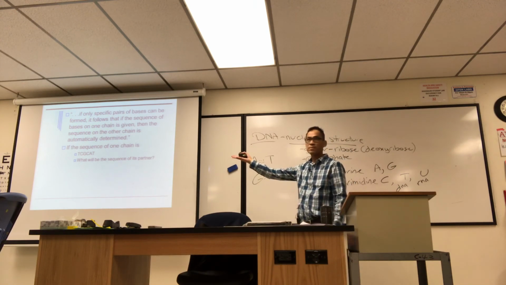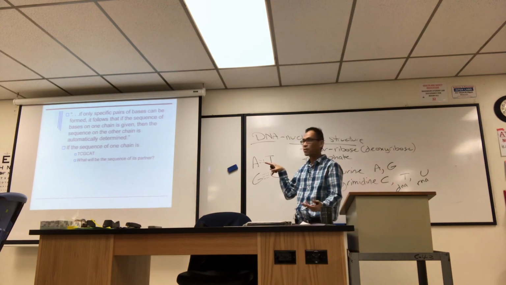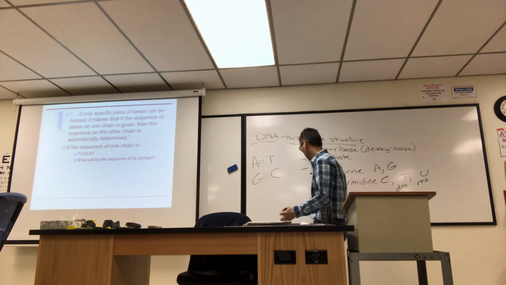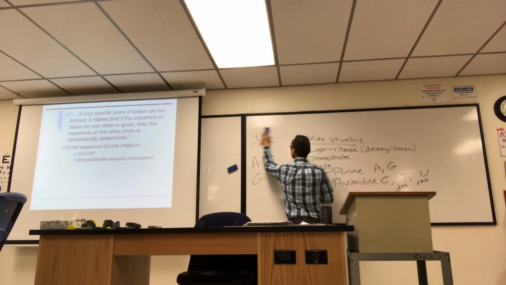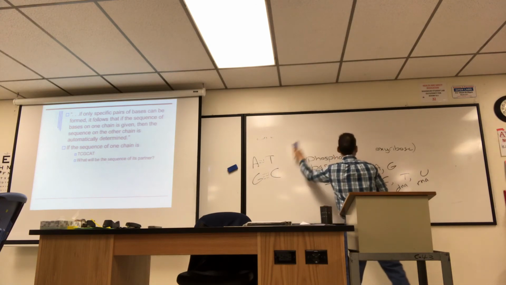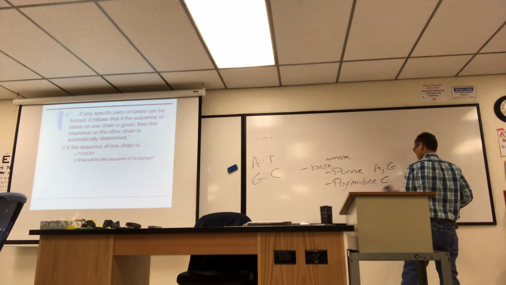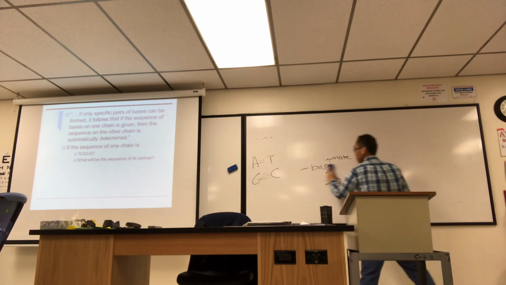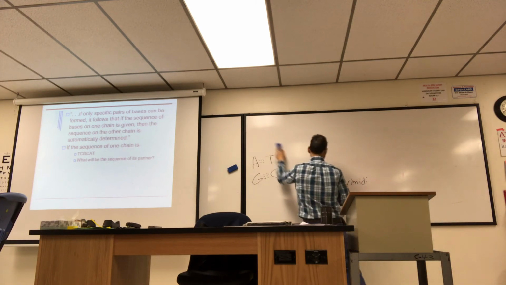So I just kind of made up some letters and put them in a row, and you should be able to figure it out if I give you one sequence, right? So what do I have up there?